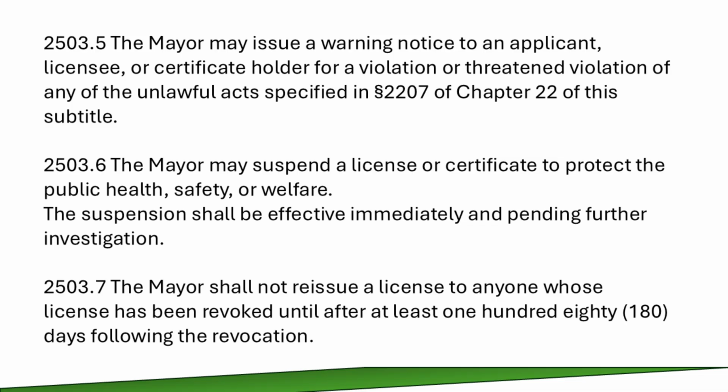The mayor may issue a warning notice to an applicant, licensee, or certificate holder for a violation or threatened violation of any of the unlawful acts specified in 2207 of Chapter 22 of this subtitle.